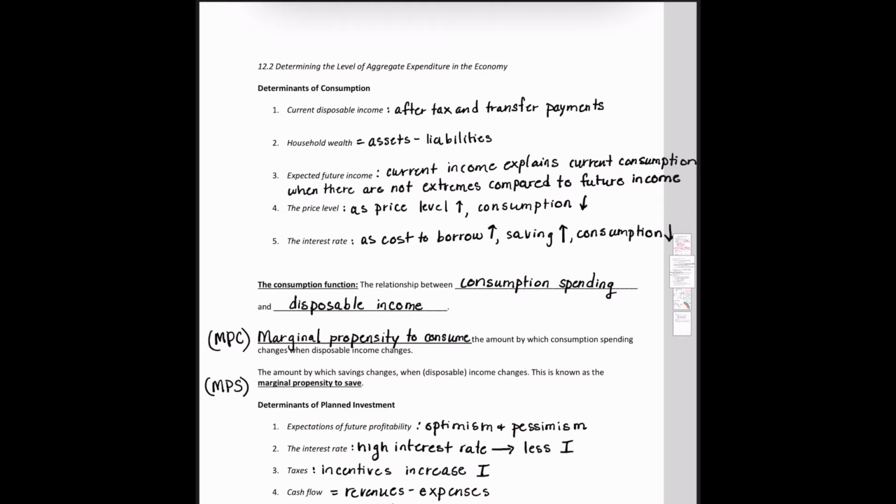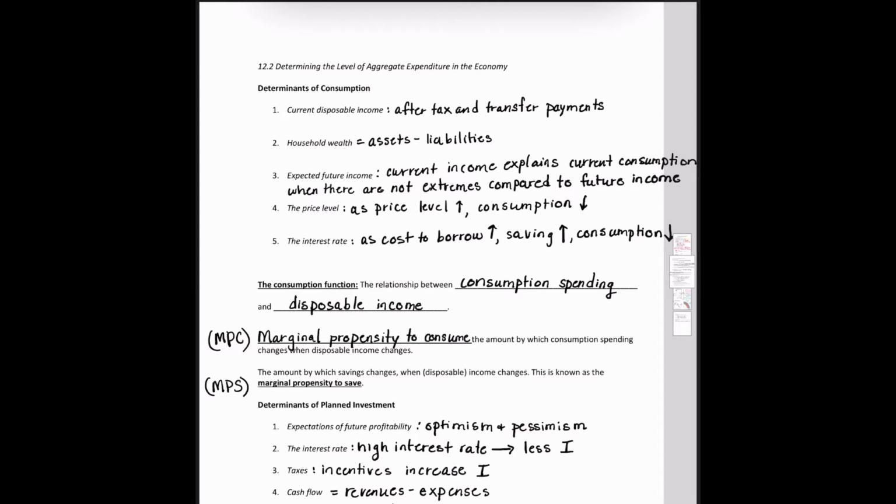And then finally, interest rates. Higher real interest rates, remember that's the cost of borrowing. As the cost of borrowing increases, then savings will be more attractive. Savings will increase, spending will decrease, and so consumption will fall, specifically on durable goods.